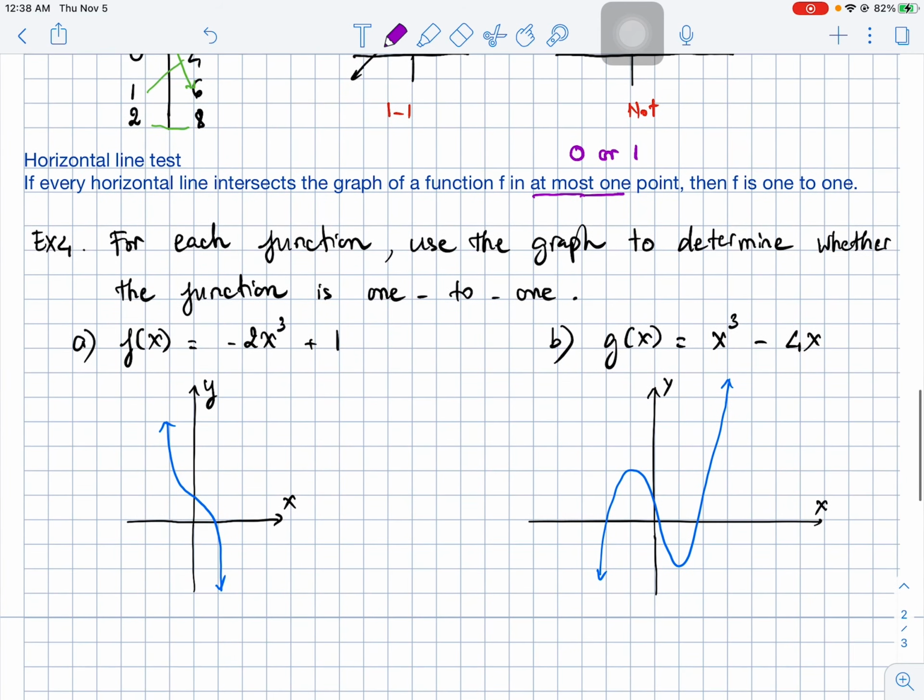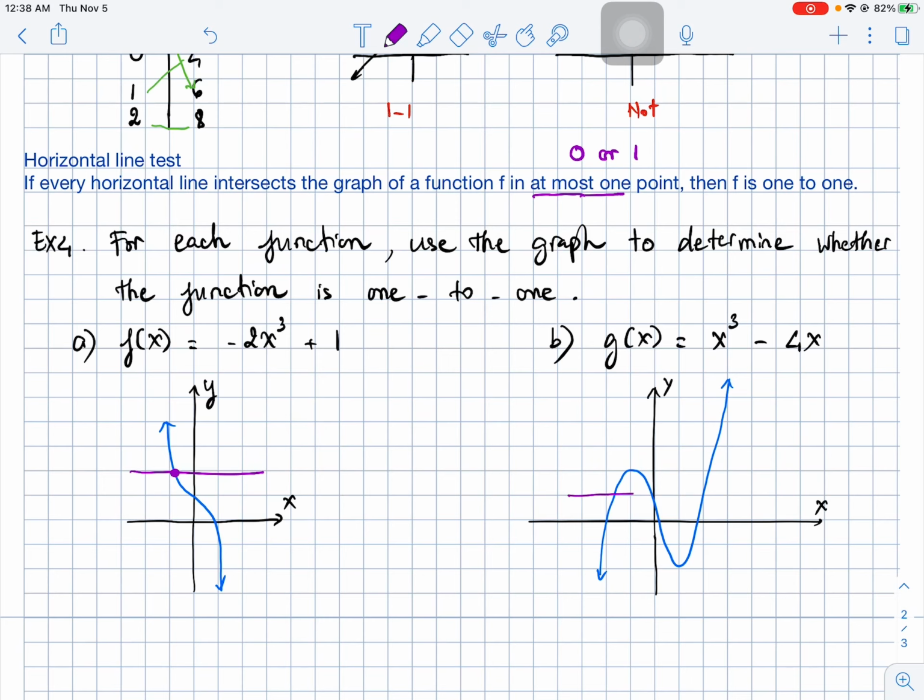Example number 4, we want to determine whether the function is one-to-one. The problem gives us the graph. They use technology to graph for us, so we don't have to know how to graph this. We just use the graph to answer the question. We're going to draw the horizontal line test. You see that the horizontal line meets the graph in part A at 1 point only.